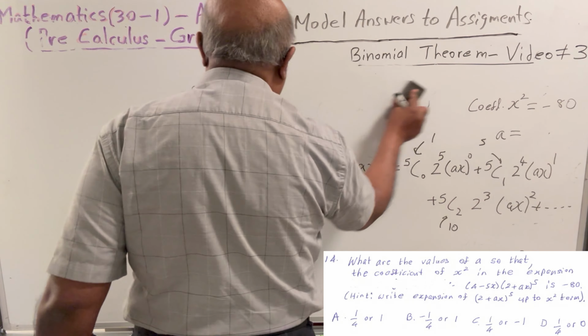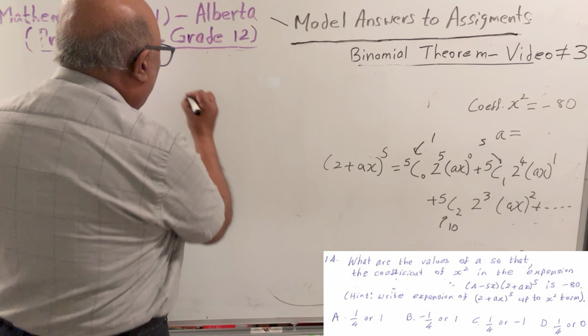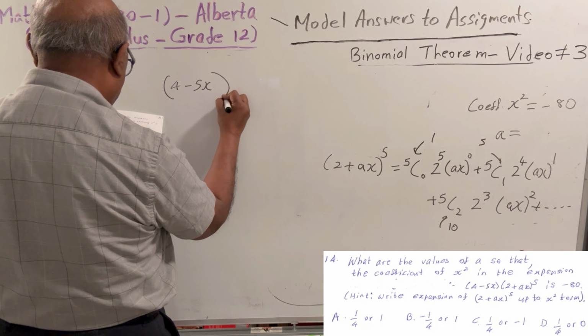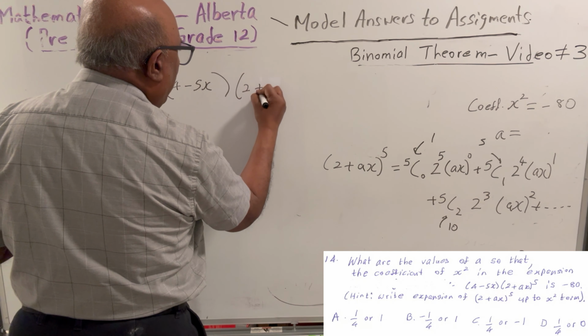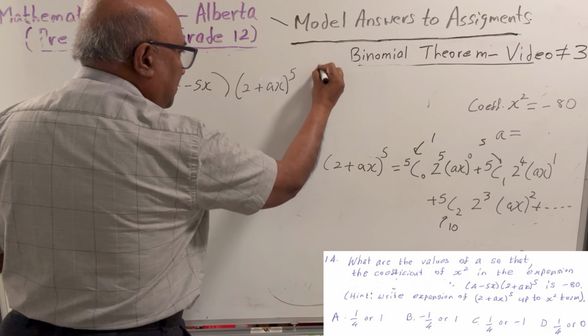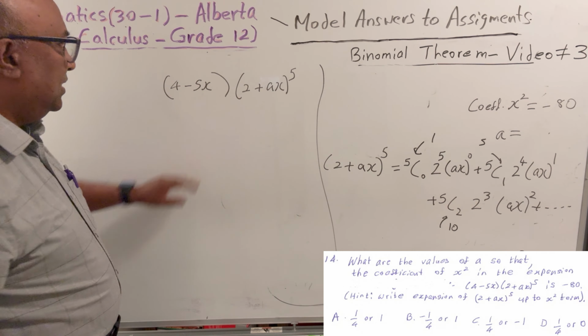Now let's go with this. (4 minus 5x) times (2 plus ax) to the power 5. Let's try to simplify this.